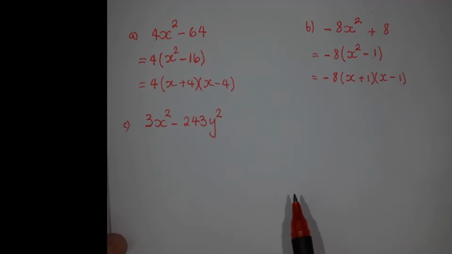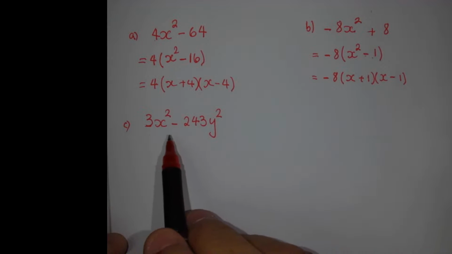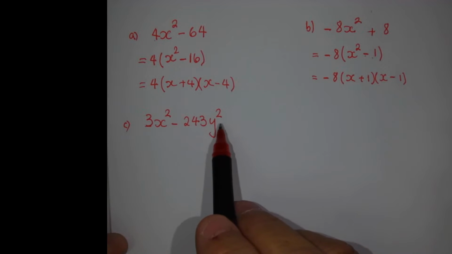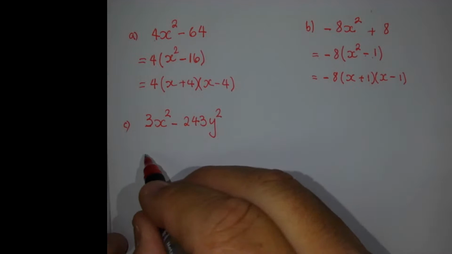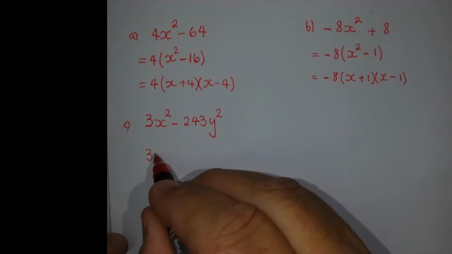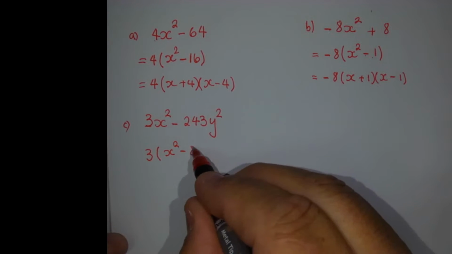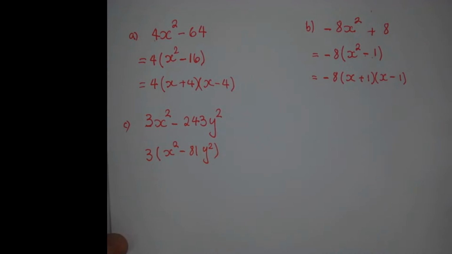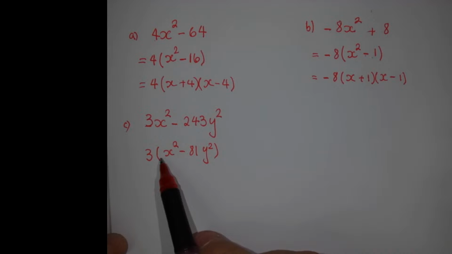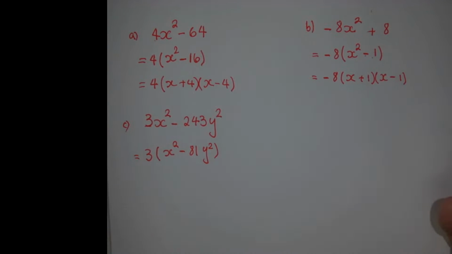Okay. In the third question, what I'm going to do is look and ask, again, do I have a common factor? Yes, I do. I've got a 3 common factor of x squared minus 81y squared. And again, the next question follows: now that I've taken a common factor, have I finished my factorization?